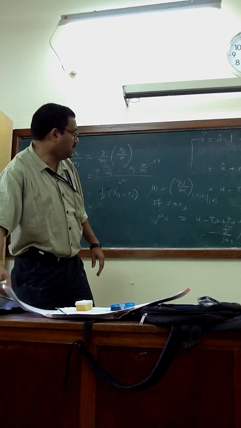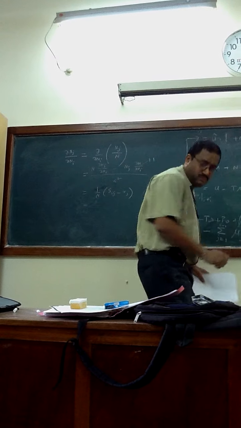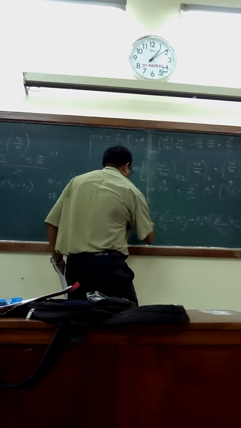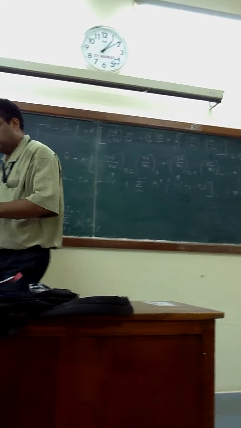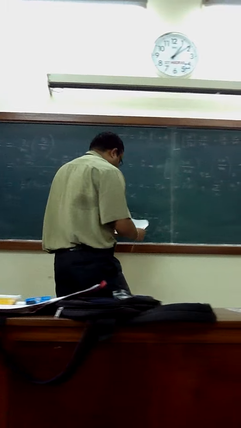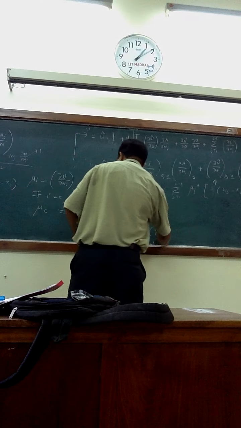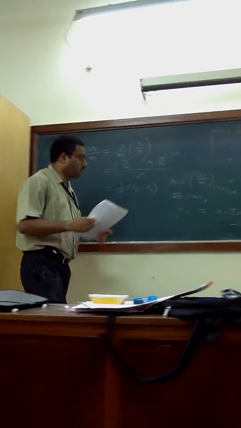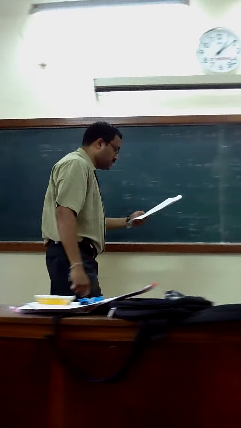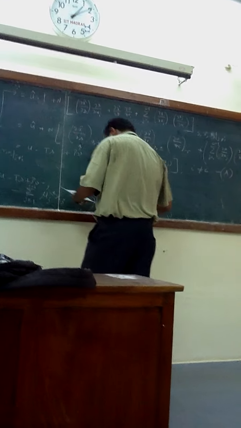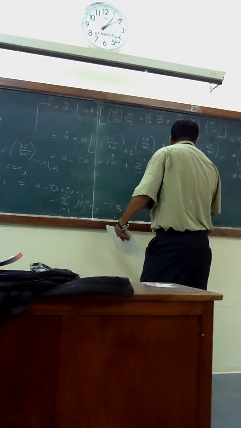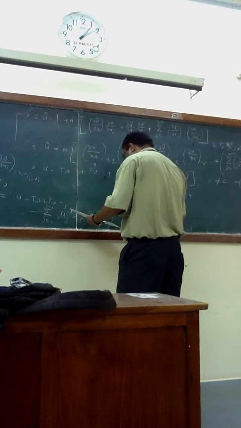Okay, so mu C has been obtained. Equation number B for mu C. So now equation A and B you can correlate. If I write mu I equals to, if I say mu C, then what should I write?